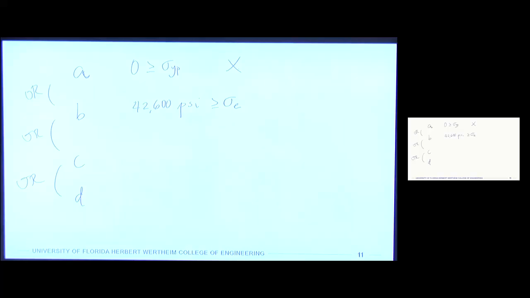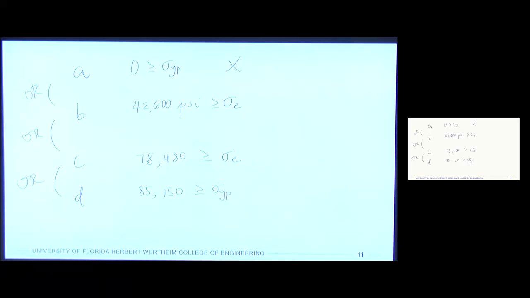For region C, we get something similar, except it's a different value. It's 78,480 is greater than or equal to the endurance limit. And then for region D, we get 85,150 is greater than or equal to the yield point. Okay, so we get these kinds of inequalities. So then what do we do with them?